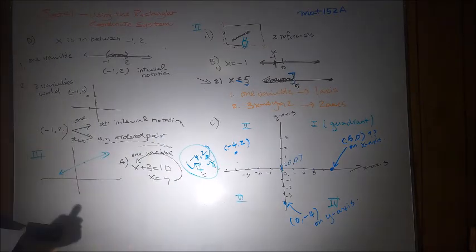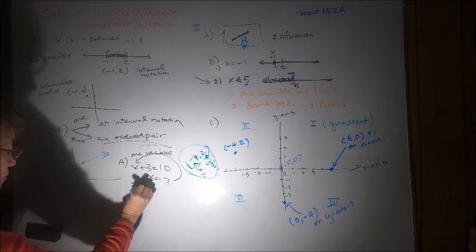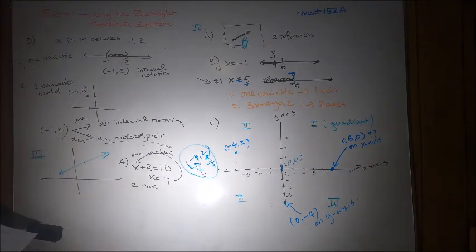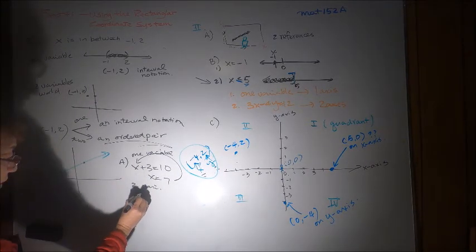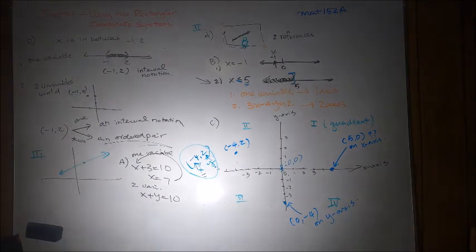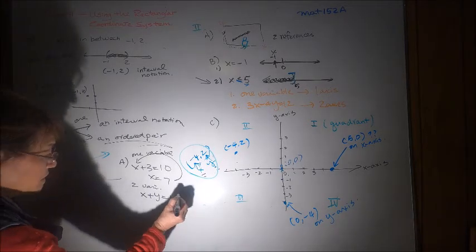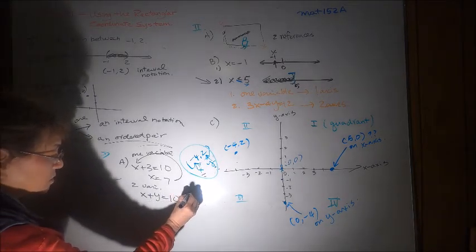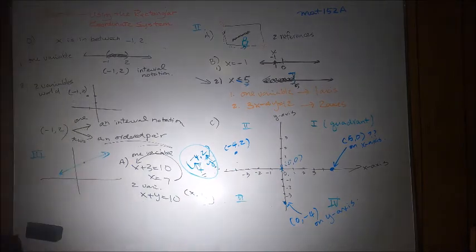If I have two variables, what will happen? If I have x plus y equals 10, okay? What do you think my xy can be? Do I only have one answer or many answers? Since it's ordered pairs, I have x and y's. Then what kind of xy's will work?